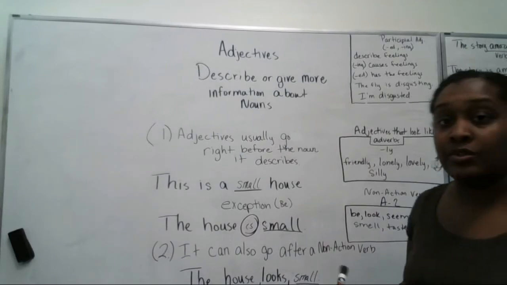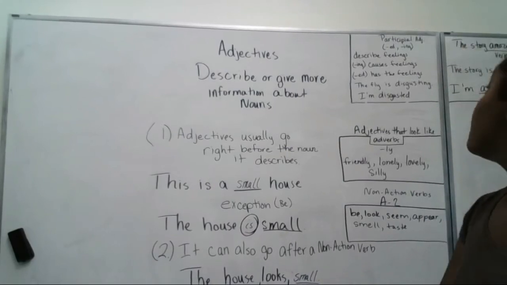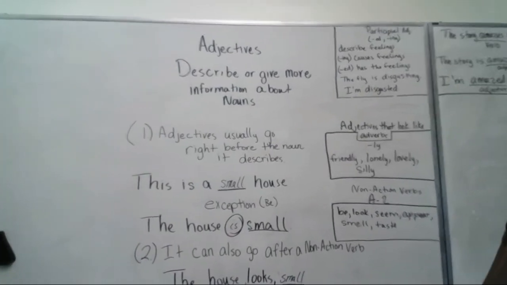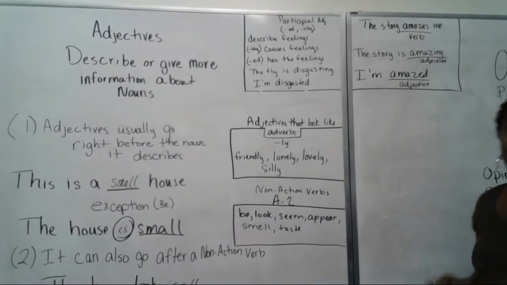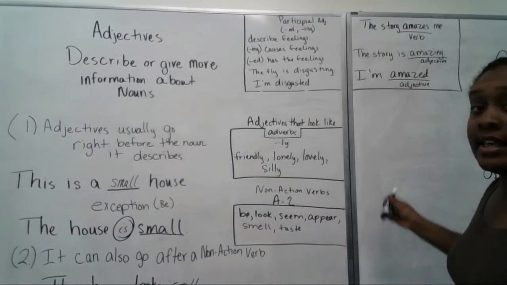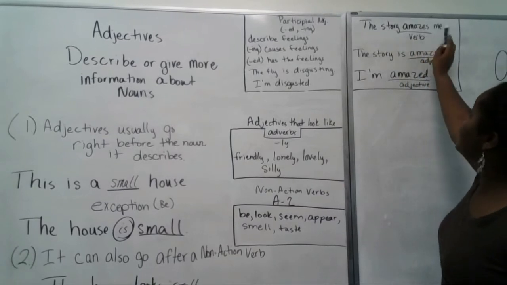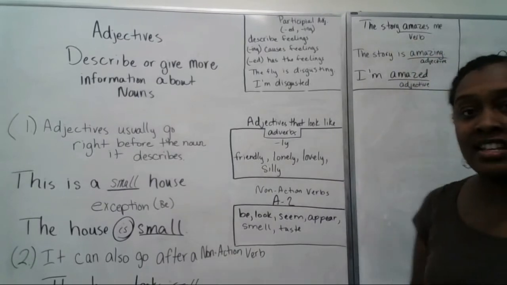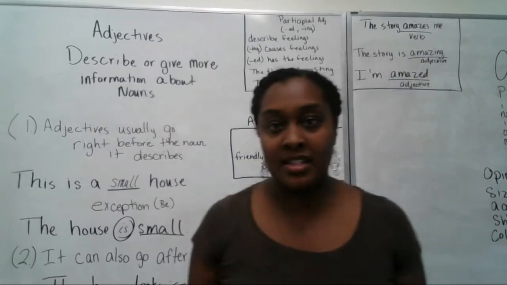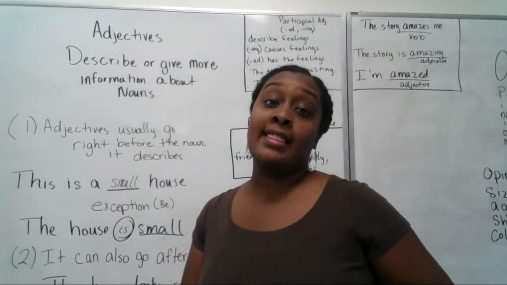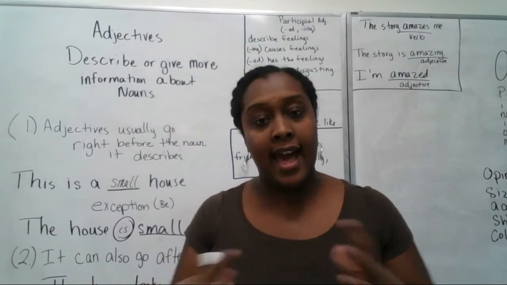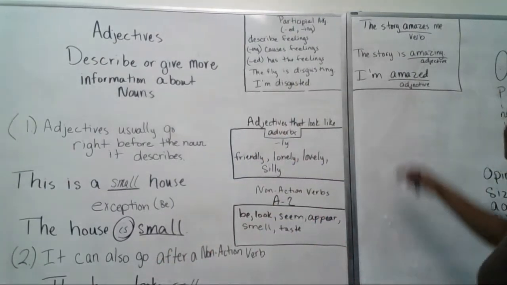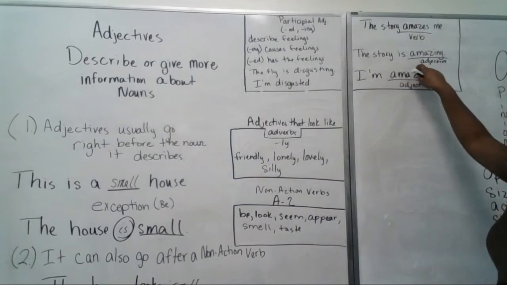Another thing I like to show for this is this example. I took it right out of the book, actually. It says, the story amazes me. Amazes is the verb. Now, if we want to take that verb form and use it as an adjective, we can change it to the story is amazing.